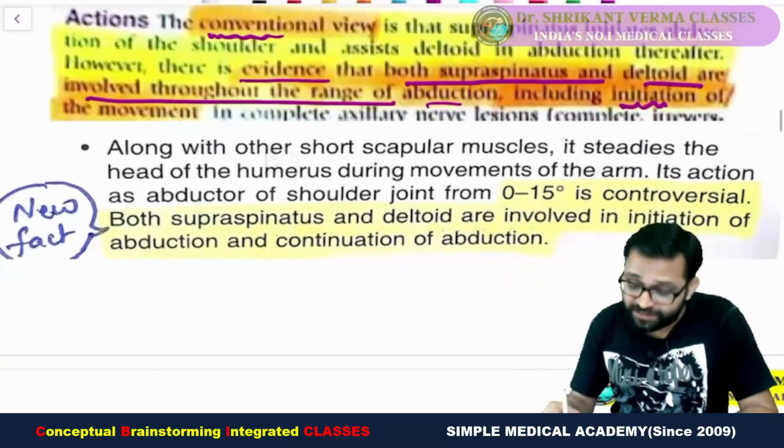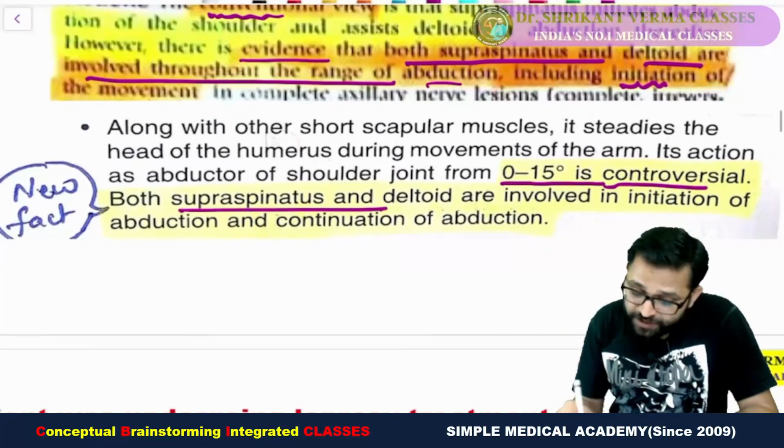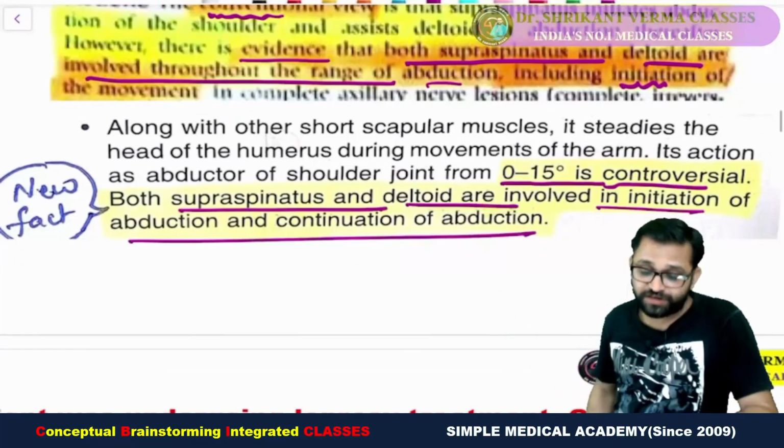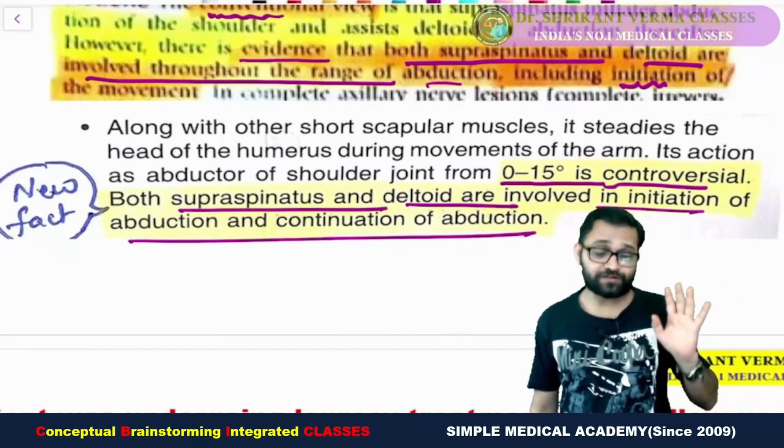And BD Chaurasia sir is also writing that 0 to 15 degrees is controversial. Both supraspinatus and deltoid are involved in the initiation and abduction. So this is one update. You have to be alert for this.